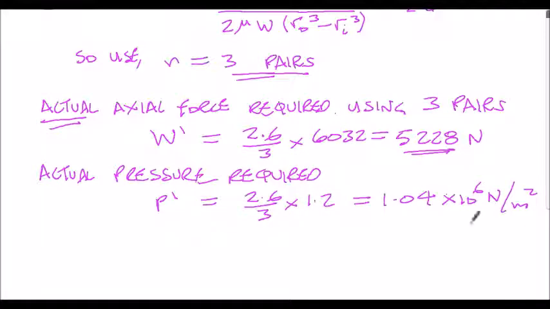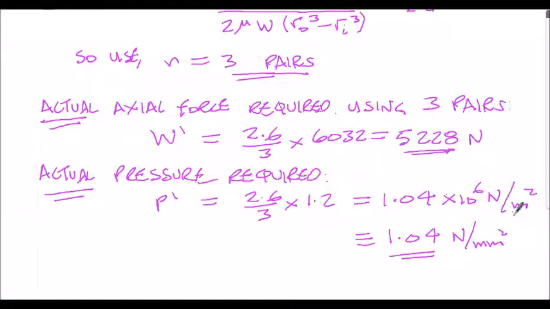That's equivalent to 1.04 newtons per millimeter squared, back to the original units given in the specification. Okay, so that's the actual force required and the actual pressure required in this particular case.